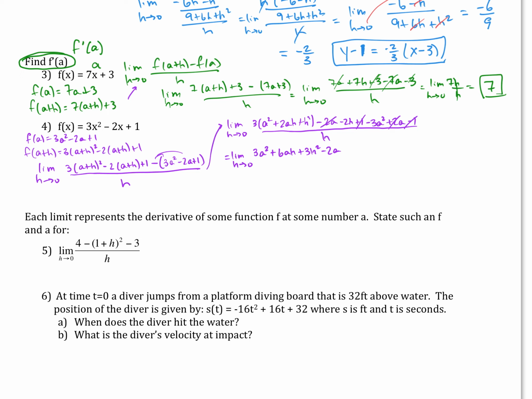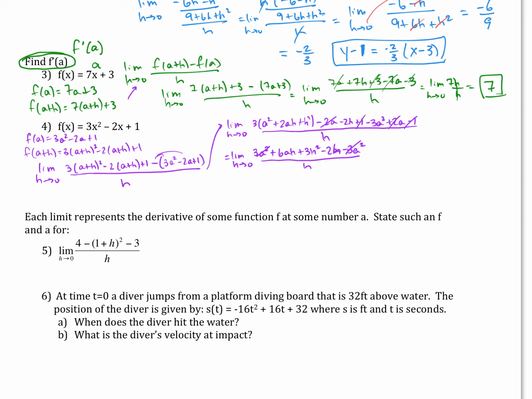So really what I just have left is minus the 2h minus the 3a squared. So all over h, these are going to reduce out. And then I'll just be left with this part right here, 6ah plus 3h squared minus 2h all over h.